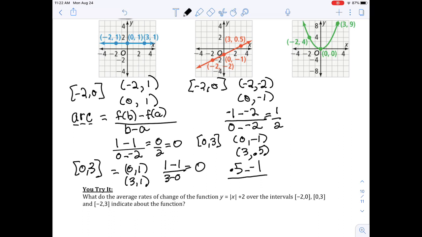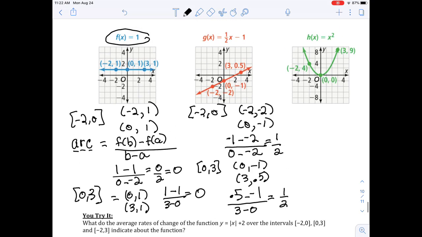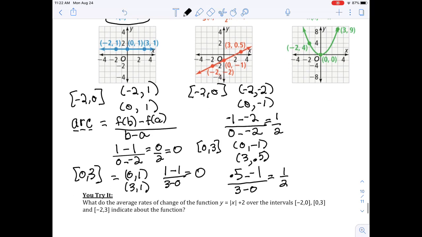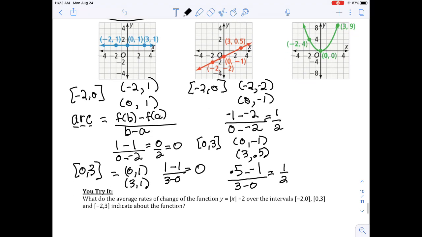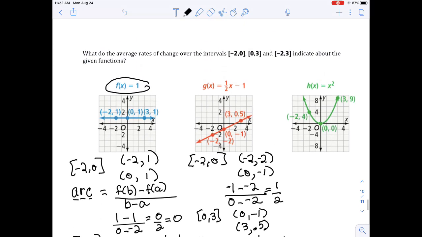So that's going to be 0.5 minus -1 over 3 minus 0. And when I simplify that, I'm going to get 1/2. So let's talk about that. The function g of x equals 1/2 x minus 1 has a constant rate of change again, 1/2 over every interval. That's going to indicate that this is a linear function.